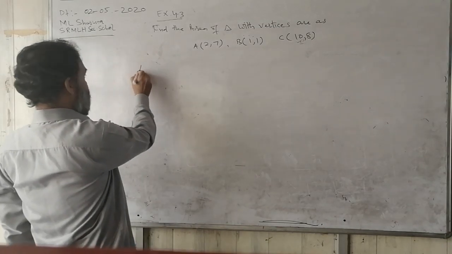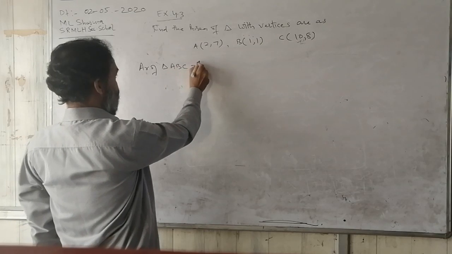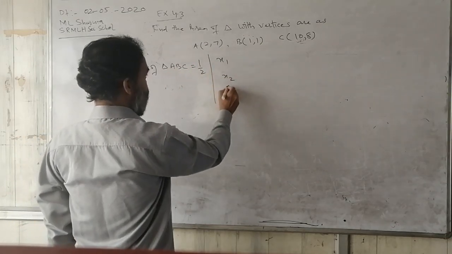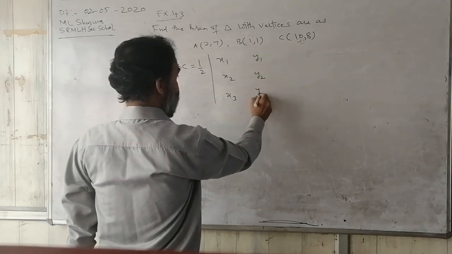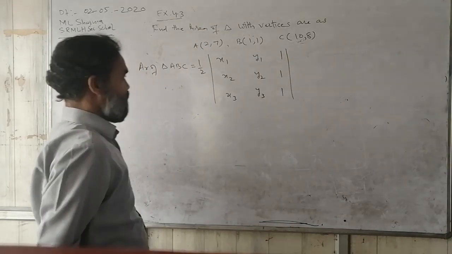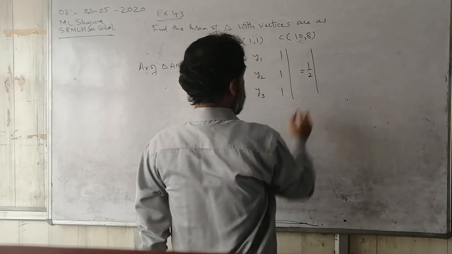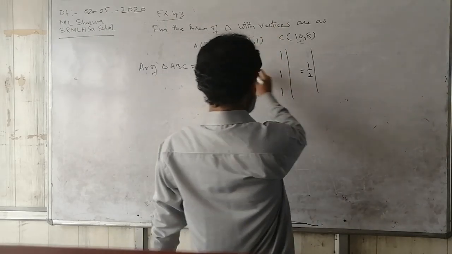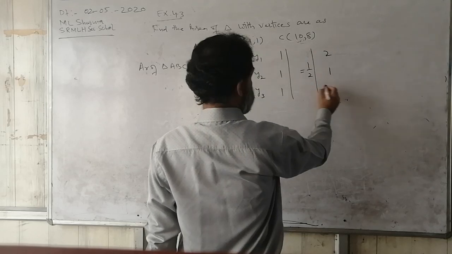So the area of the triangle is half times the formula. I can write this as half, with x1, x2, x3: 2 here, 1 here and 10 here.